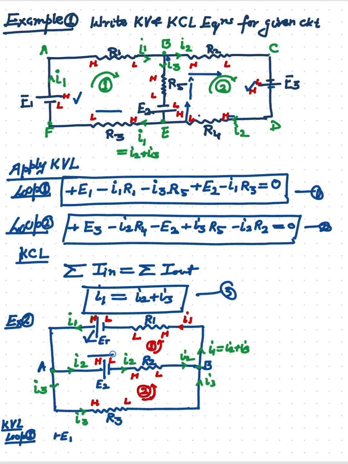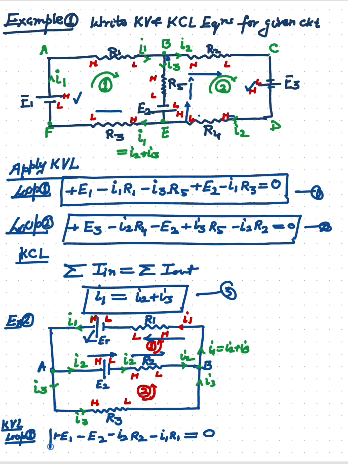Across this E2 we are traversing high to low, so it will be negative. So minus E2. And across R2 we are traversing high to low, so minus I2 R2. And now come here across this R1, so this is again high to low, so minus I1 R1. This will be equals to 0.